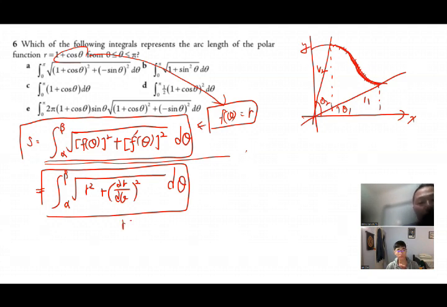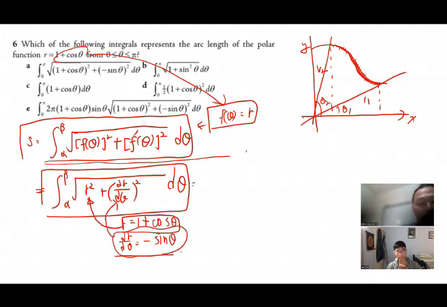r is 1 plus cosine theta, so dr over d theta is minus sine theta, right? Let's plug that into this formula. One is r, the other one is dr over d theta.